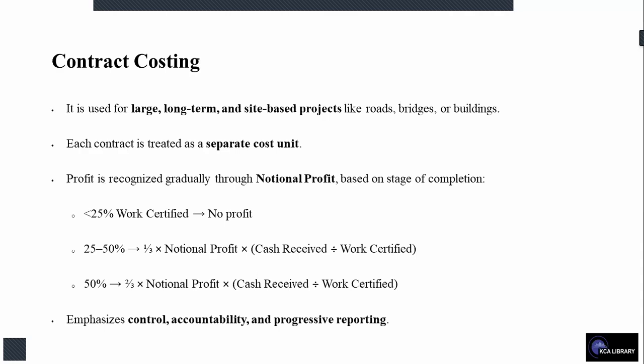For 25 to 50%, it's 1/3 of notional profit times cash received divided by work certified. And for 50% and above, it's 2/3 of notional profit multiplied by (cash received divided by work certified). It emphasizes control, accountability, and progressive reporting.